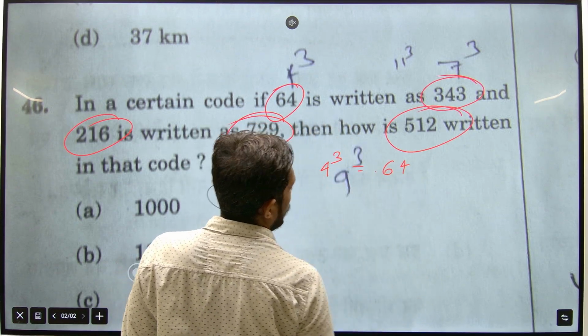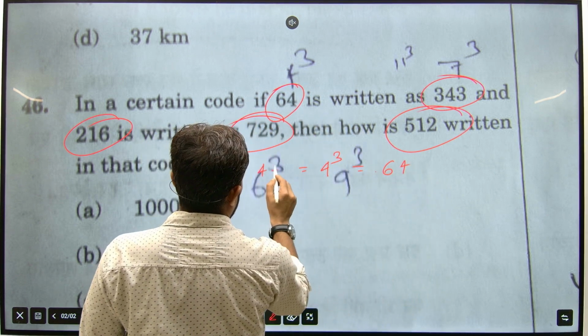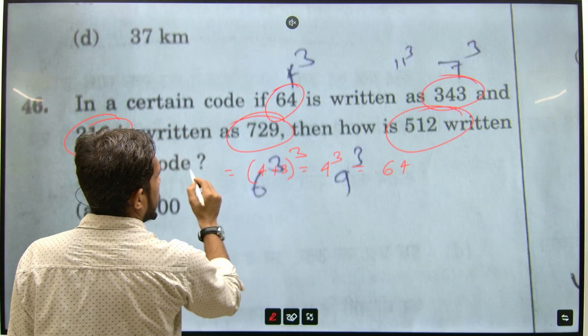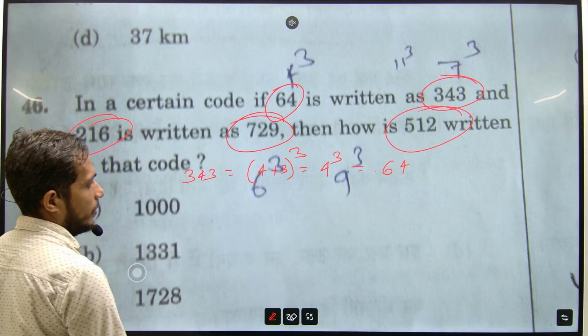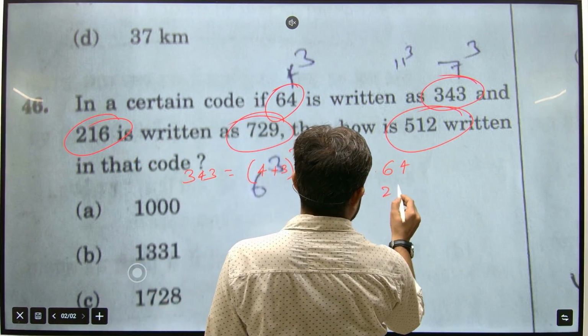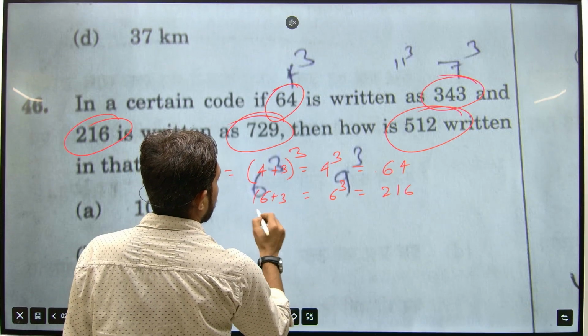So 4 cubed is 64, and they have written 4 plus 3, which is 7, and 7 cubed is 343. Again, 216 is the cube of 6, and they have written 6 plus 3 cubed, that is 729.